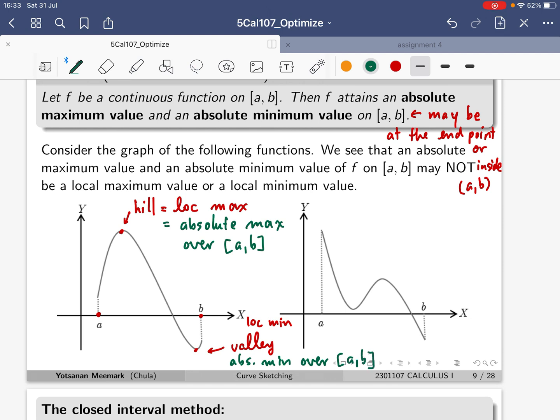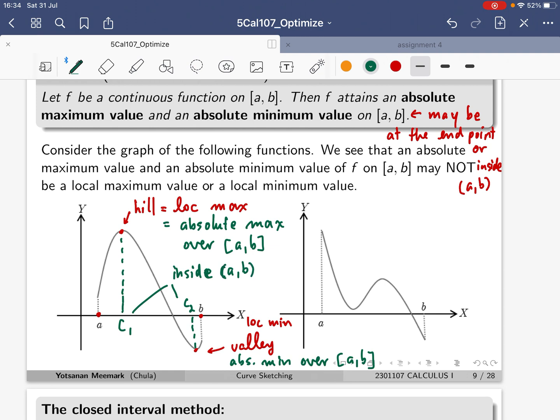So for this function, the absolute max and the absolute min occur at these points. Let's say this is c1, this is c2, inside the interval from a to b.